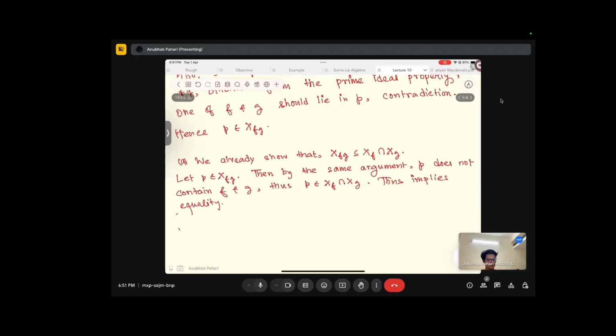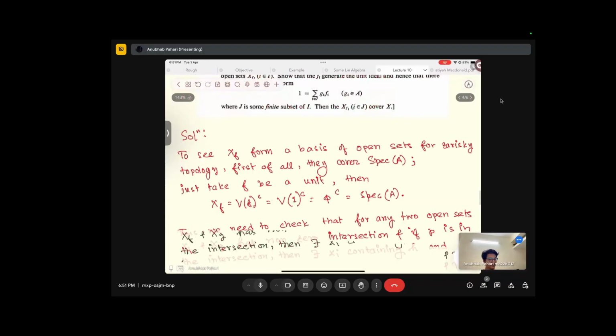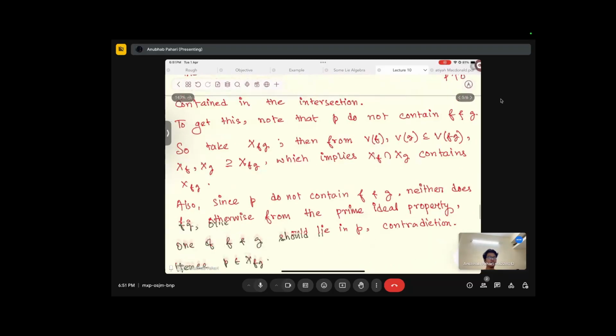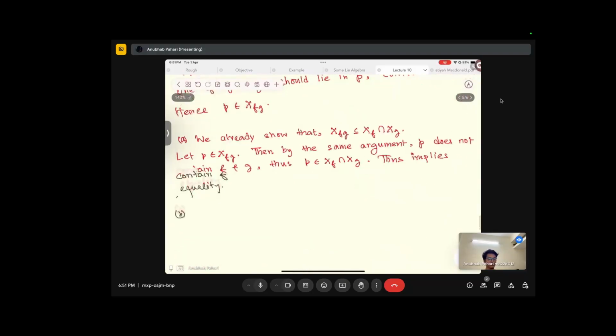Now for the next one, this is kind of an equivalence statement, that is X_f equals empty if and only if f is nilpotent. Nilpotent means some power of f should be 0. Suppose X_f is empty.